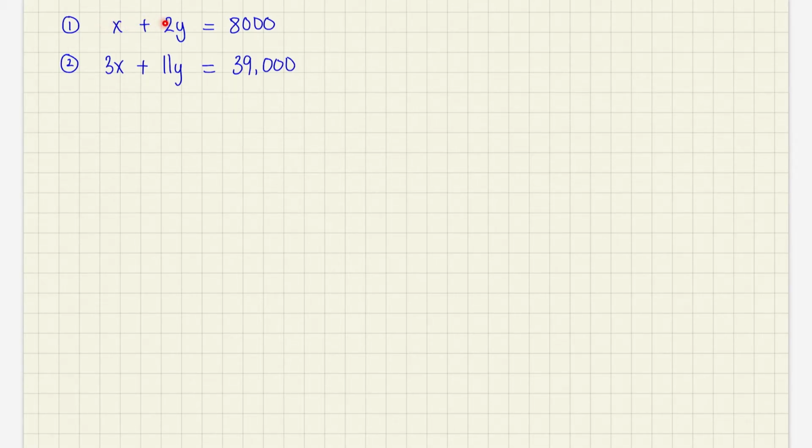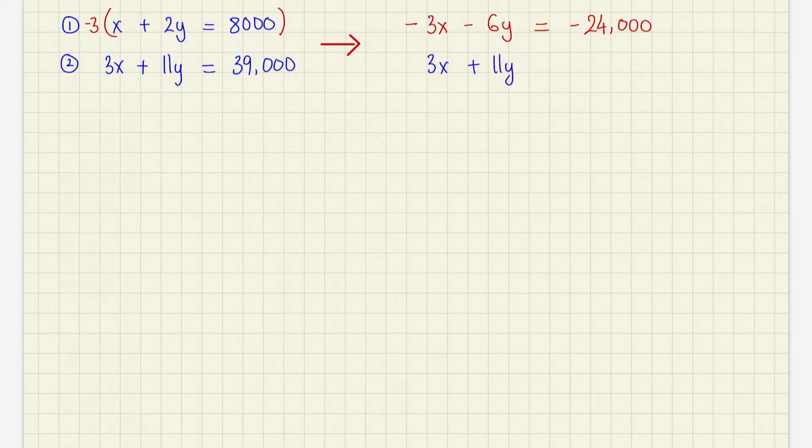So I'm going to multiply both sides of this equation by -3. So I have -3x minus 6y equals -24,000. And the second equation stays the same: 3x plus 11y equals 39,000.